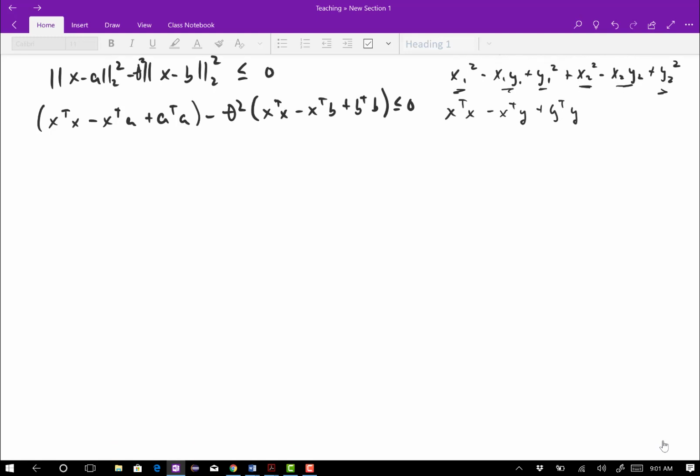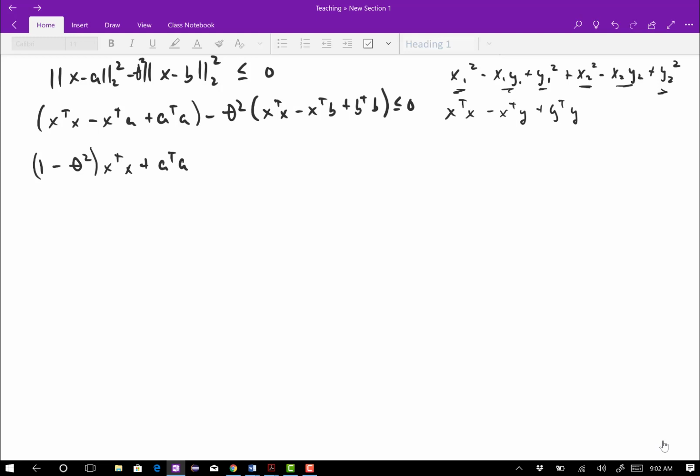And now I can start to group things that are alike. So if I factor the x transpose x terms out, I have 1 minus theta squared times x transpose x. That gives me those x transpose x terms. And then I have an a transpose a term.